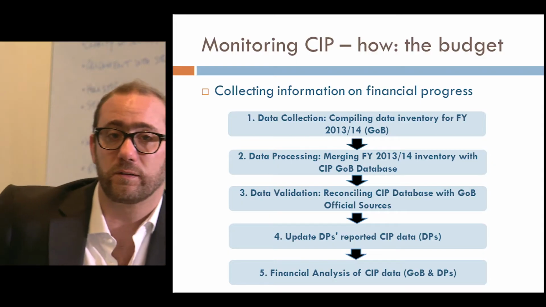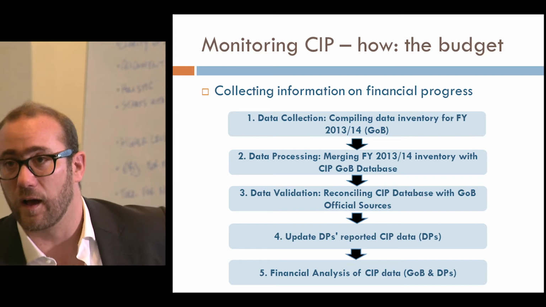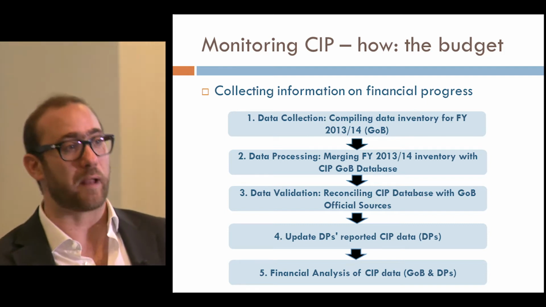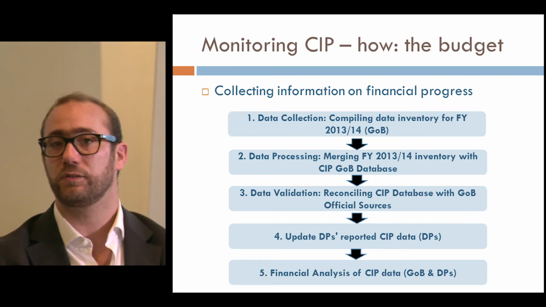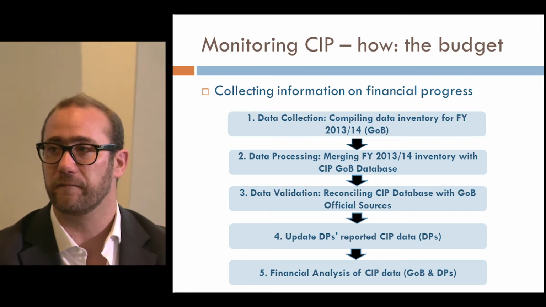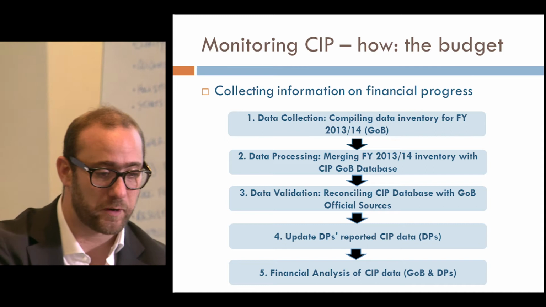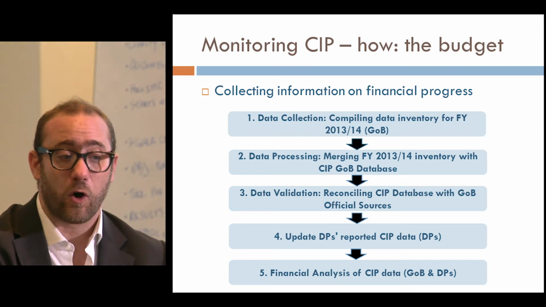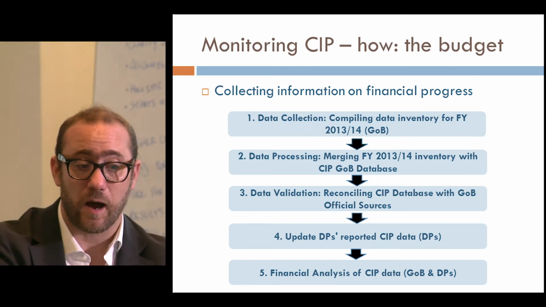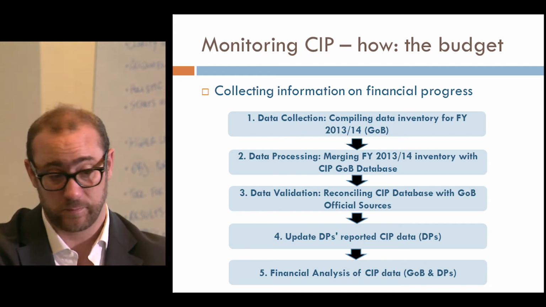On the other side, the parallel process is to check the donor commitment. Are they providing the money that they pledged? Are they disbursing the money for the projects they are funding? Of course, all of these steps are composed of sub-steps.